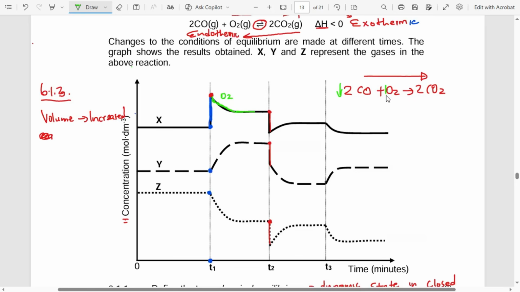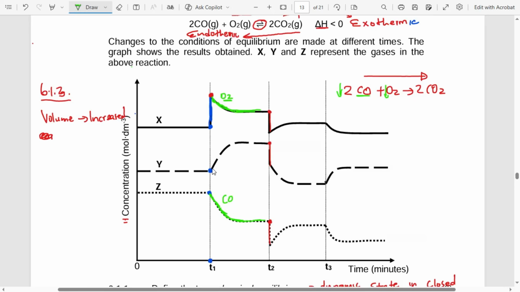So the O2 decreased, and then this one should be on the same side as the O2. Since the O2 is decreasing, whatever is decreasing after that change should be on the same side. So this tells you that the CO is also decreasing. So this will be the CO.